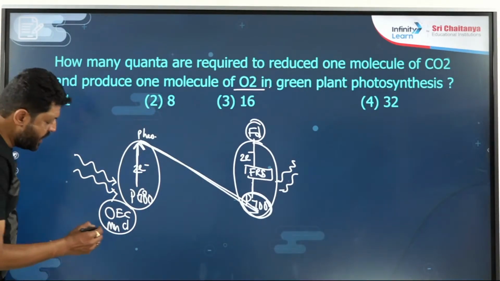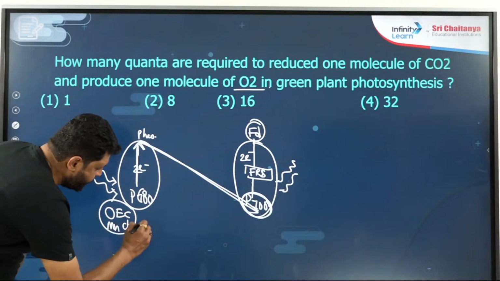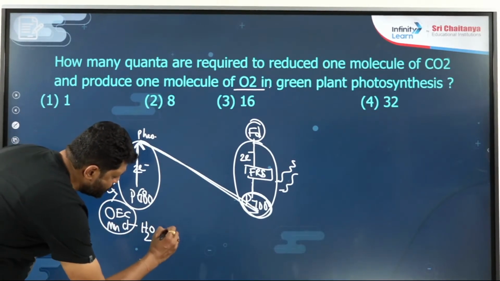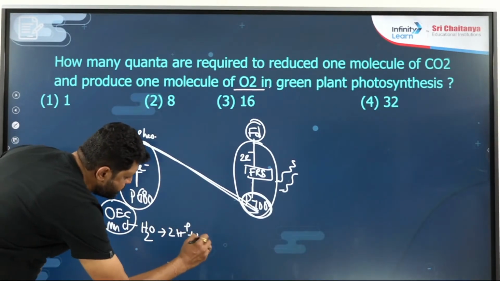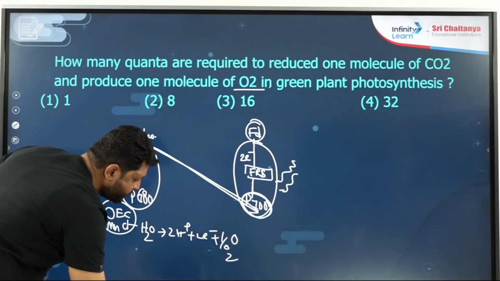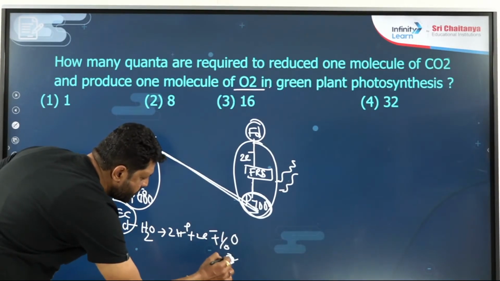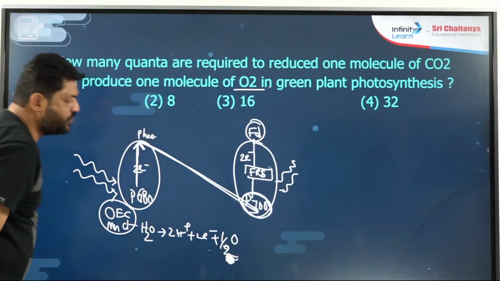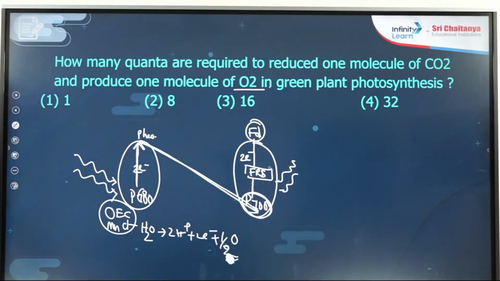Clear, beta? Mn and Cl. Now the water molecule will split: H2O to 2H plus, 2e minus and half O2. Half O2. So was it clear?